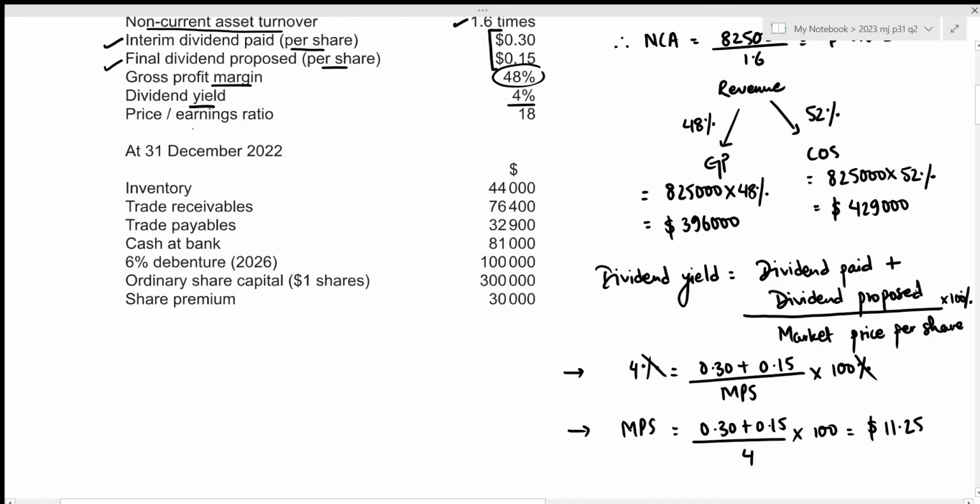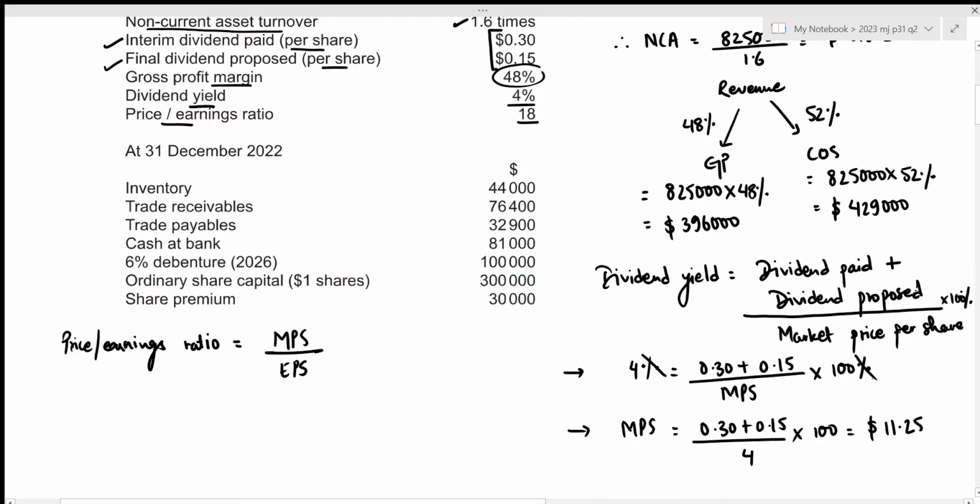Okay, then we are also given the price earnings ratio to be 18. Again, we are going to utilize the formula for price earnings ratio. Okay, so we have price earnings ratio, and the formula is just going to be market price per share divided by earnings per share.